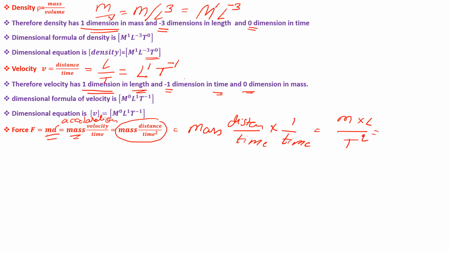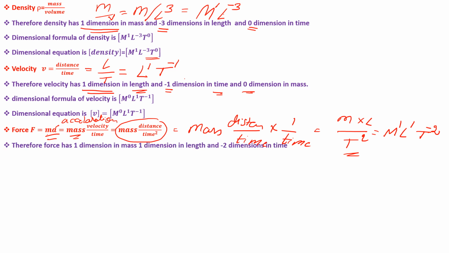When it comes to the numerator, I can write mass to the power 1, length to the power 1, and T to the power, it is in the denominator first, so when it comes to the numerator it becomes minus 2. So force has one dimension in mass, one dimension in length, and minus 2 dimensions in time.